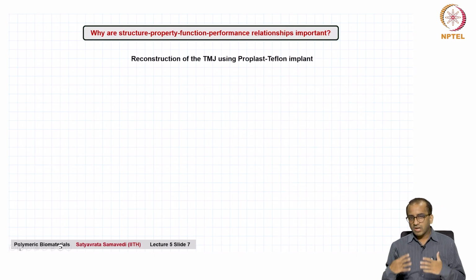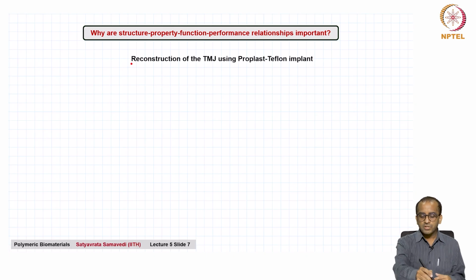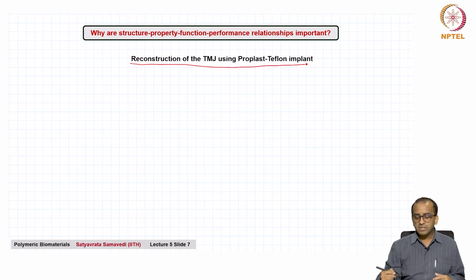So, just to drive home that point somewhat more dramatically, if you will, we ask this question about why structure property function performance relationships are important as part of discussing what I would call a case study, which involves looking at reconstruction of the TMJ using Proplast Teflon implant. Now, what is all this about?